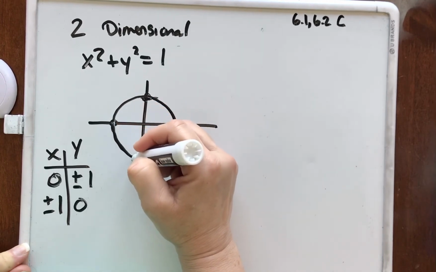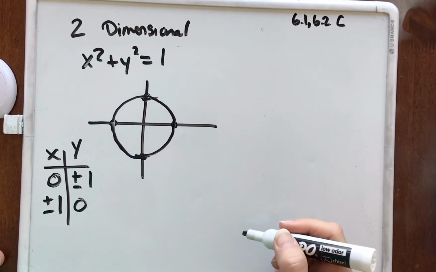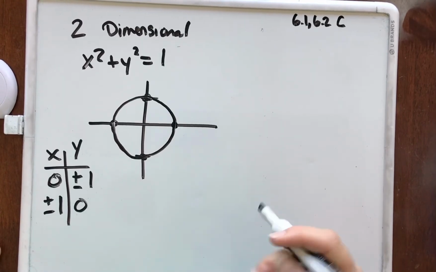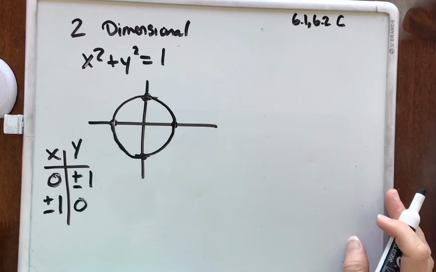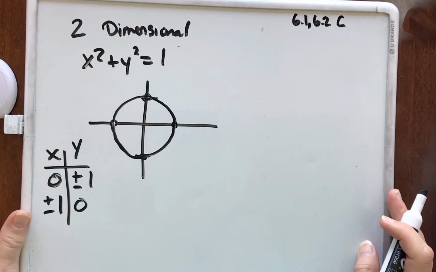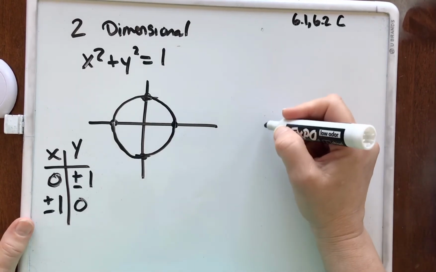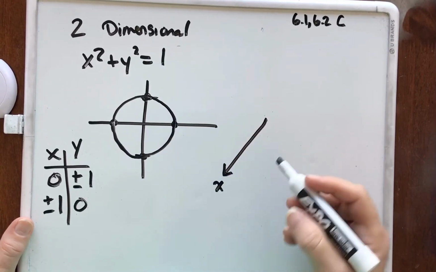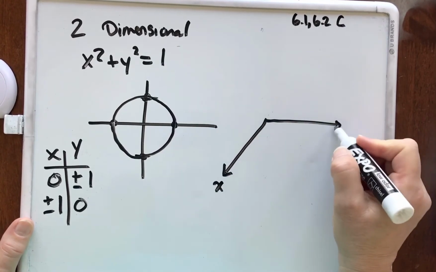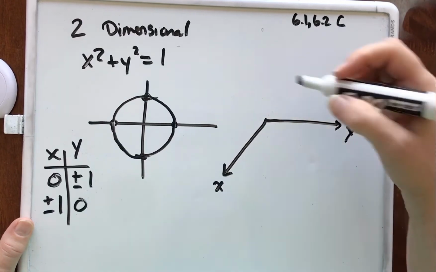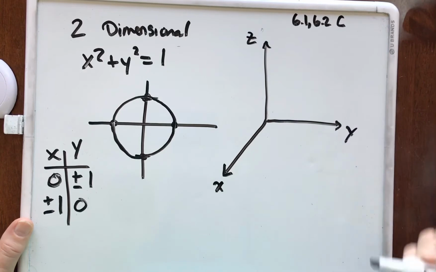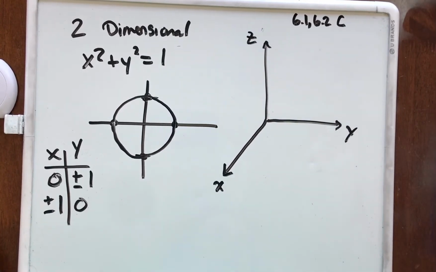Okay, so that is a two-dimensional graph, where we can write it on a flat piece of paper. Let's change this to three-dimensional. This is our x-axis, this is our y-axis, and then here's our z-axis. If you can imagine, that's three-dimensional.